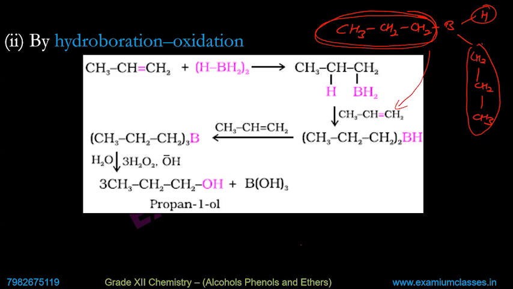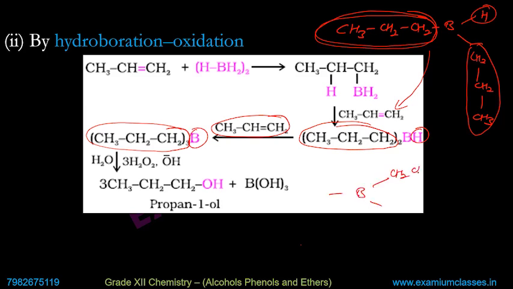It means you have two propyl groups and only one hydrogen. Then again it reacts with propene and the remaining hydrogen is replaced. Now you have three propyl groups, and no hydrogen. So now boron has all three as CH2, CH2, CH3.